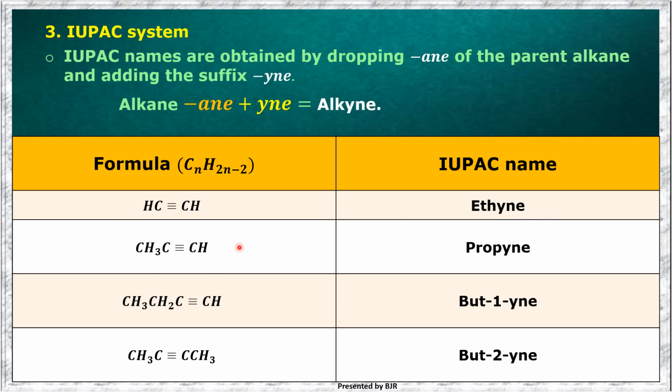The next one is C3H4, propyne, and the IUPAC name of this alkyne is but-1-yne, and the IUPAC name of this one is but-2-yne. So here, depending upon the position of the triple bond in the carbon chain, IUPAC names are given to alkynes.